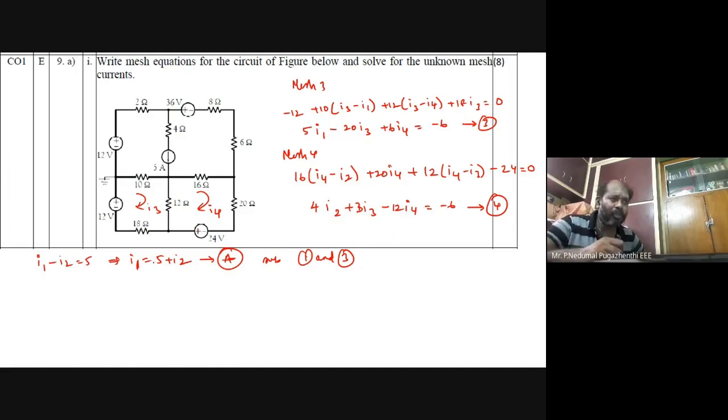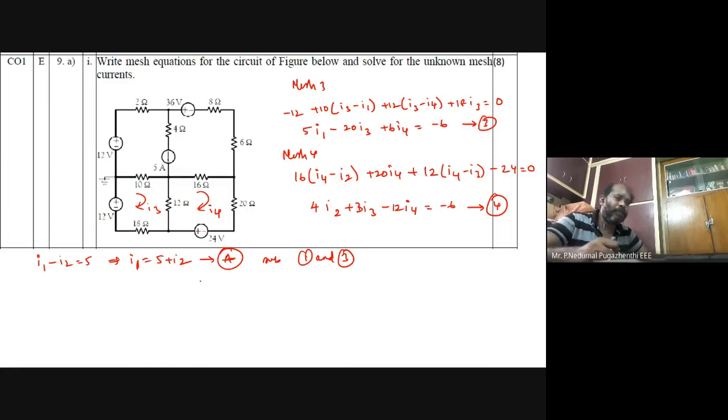So I will substitute I1 in the first and third equations and convert them into equations having only three terms, I2, I3 and I4.